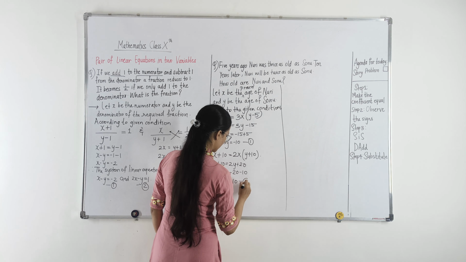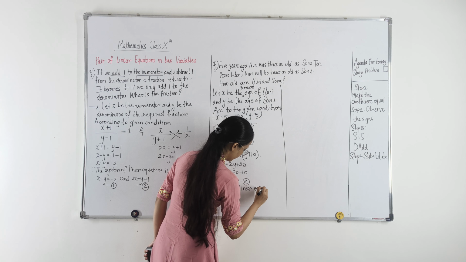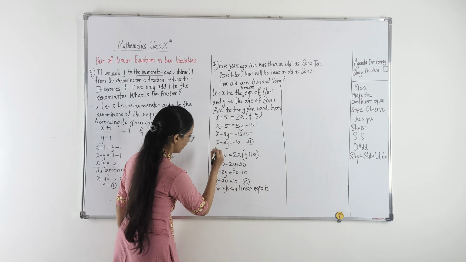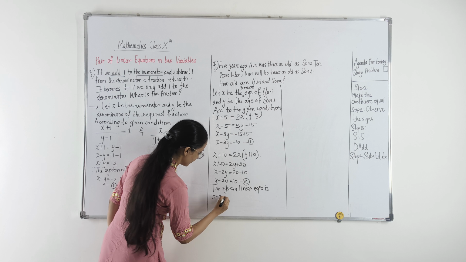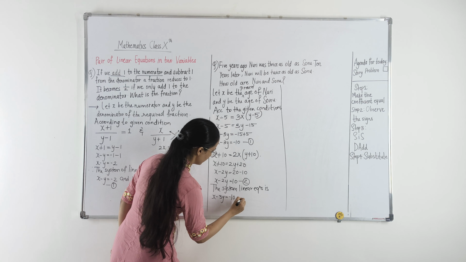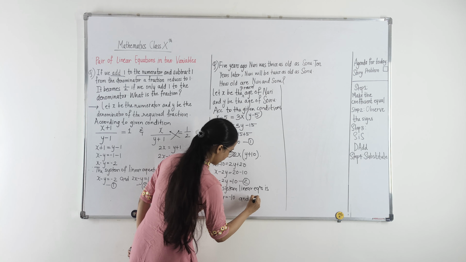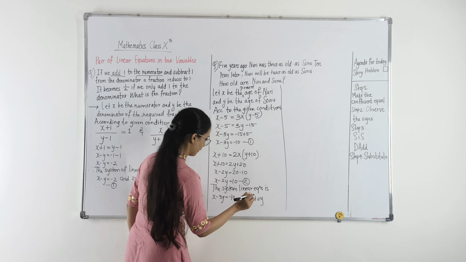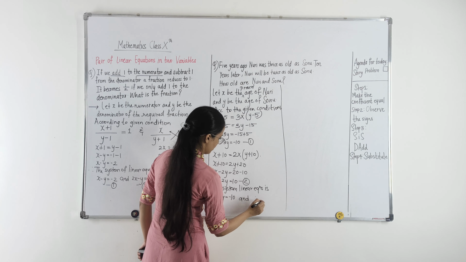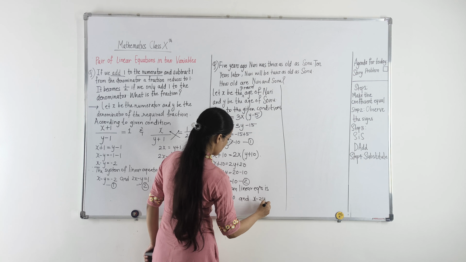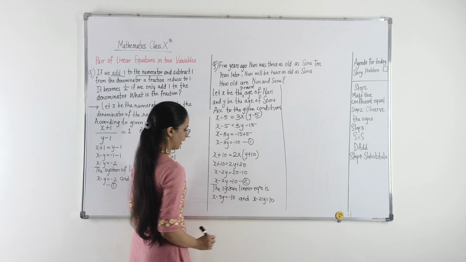So again you are going to write the system of linear equations: x minus 3y equals minus 10 and x minus 2y equals 10.